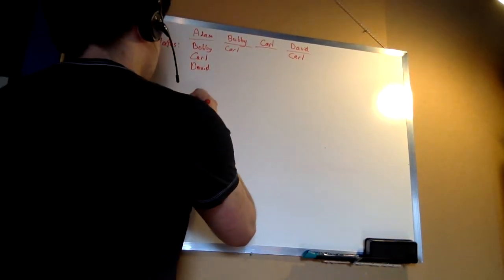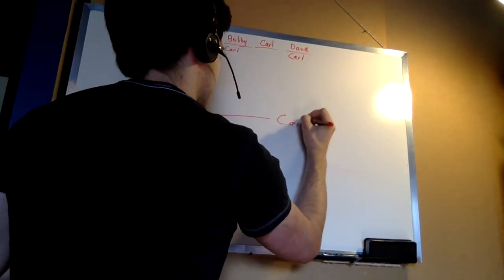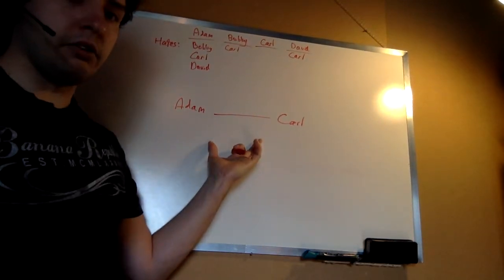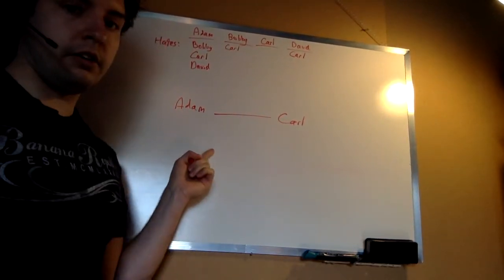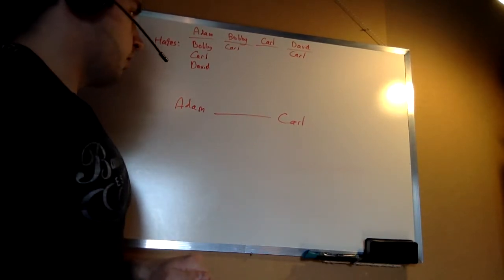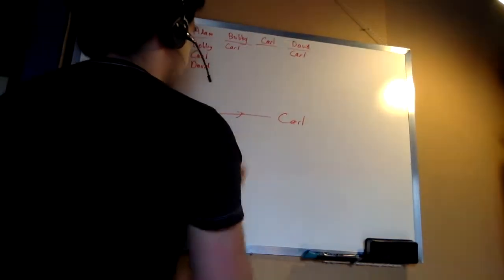If we draw a connection between Adam and Carl like this, then by virtue of being undirected, it implies they both hate each other, and that doesn't help us. So in this case we're basically stuck with directed. So we draw it like that instead.